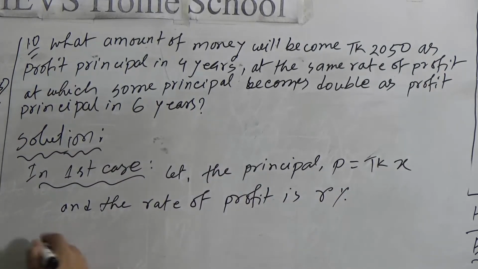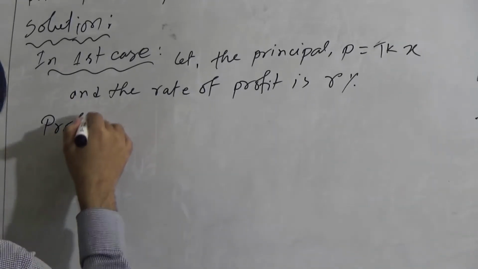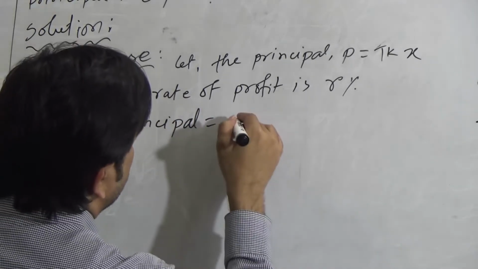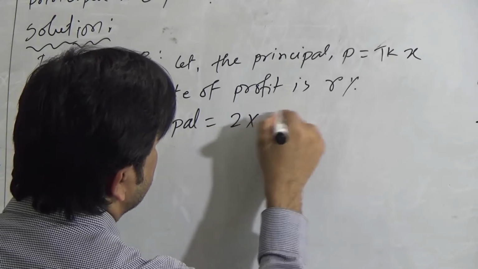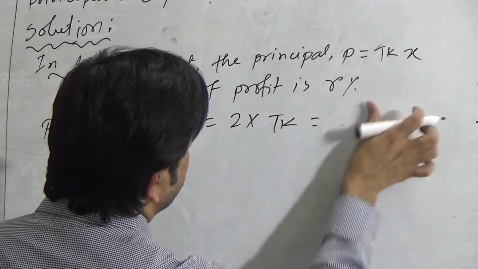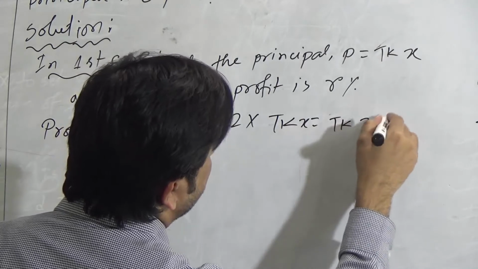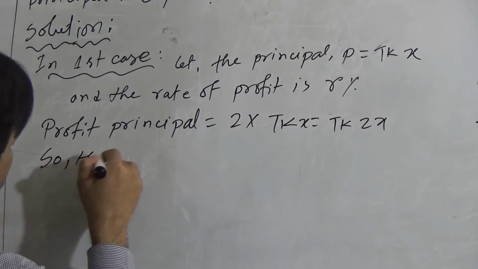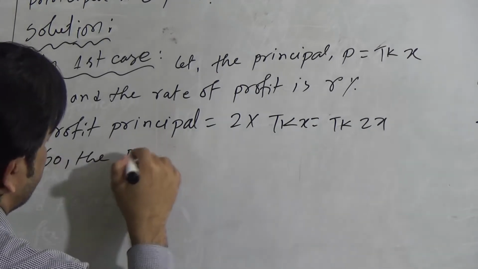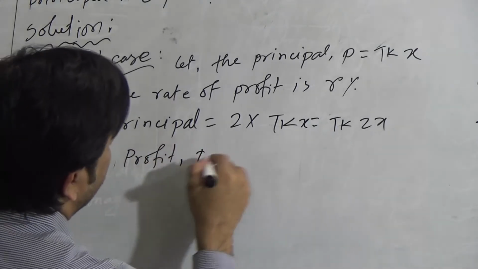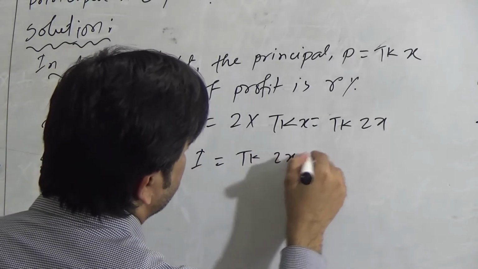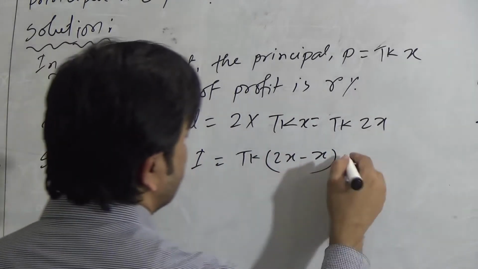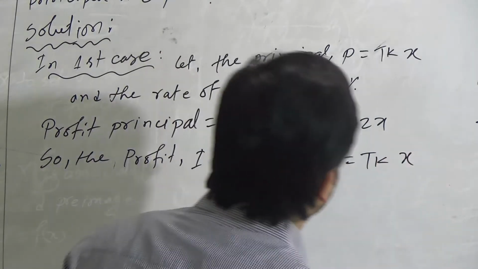So we can say here profit principal equal to 2 multiply by taka x, it means taka 2x. Taka 2x is our profit principal. So the profit I will be equal to taka 2x minus x. We have to subtract the principal from the profit principal, we will get the profit, that will be taka x.